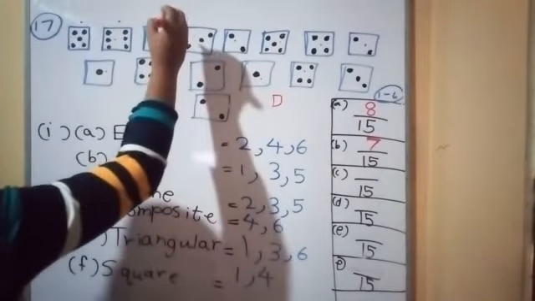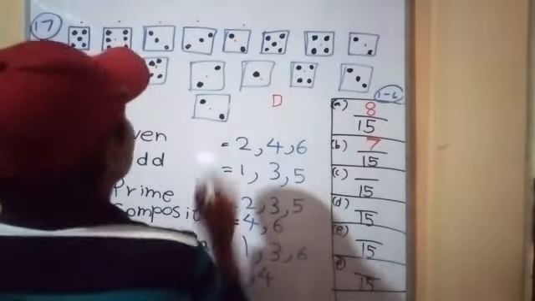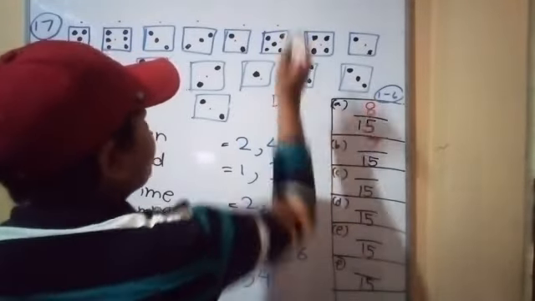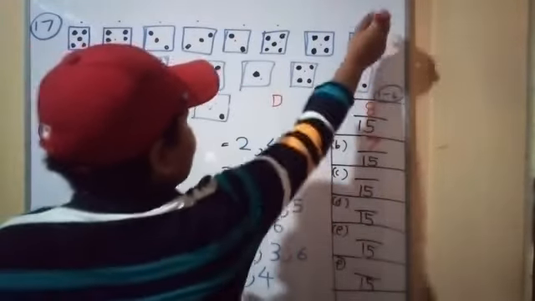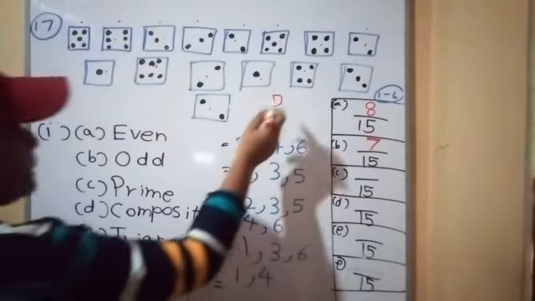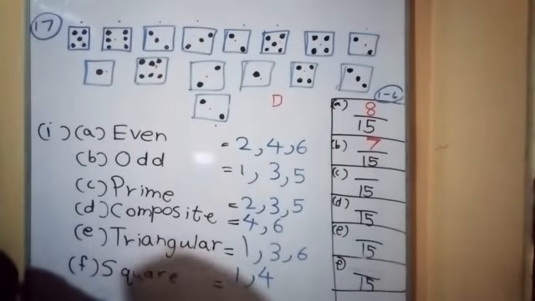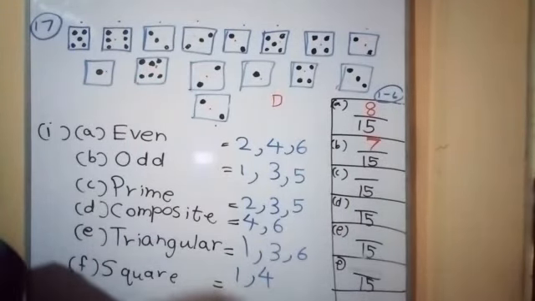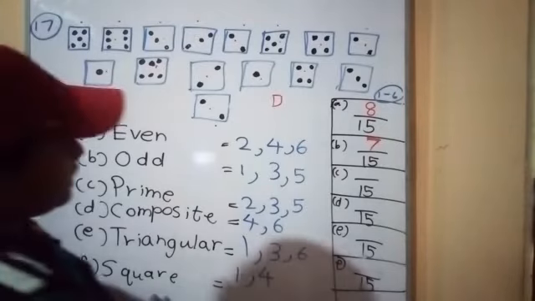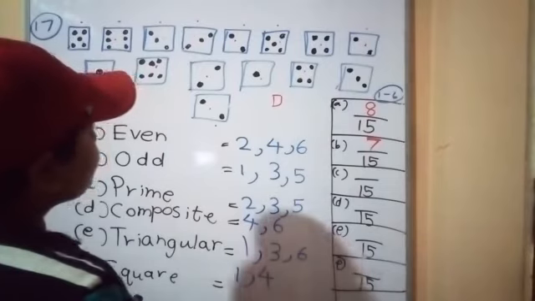Counting 1 to 9, there are 9 here. So you can write the 2, 3, 5 only.